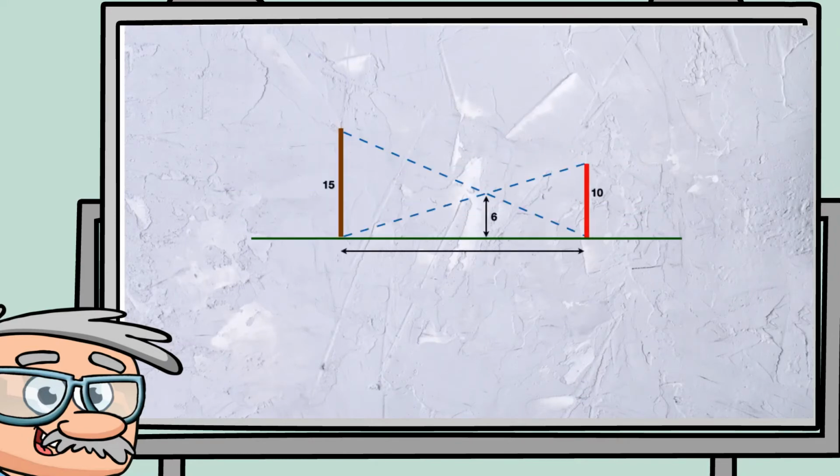So no matter how far apart the 2 poles are, the intersection is always the same height.